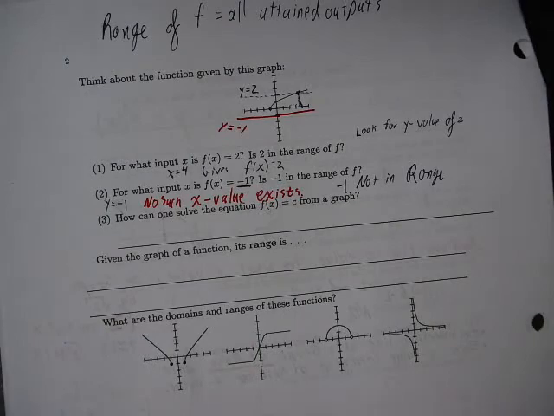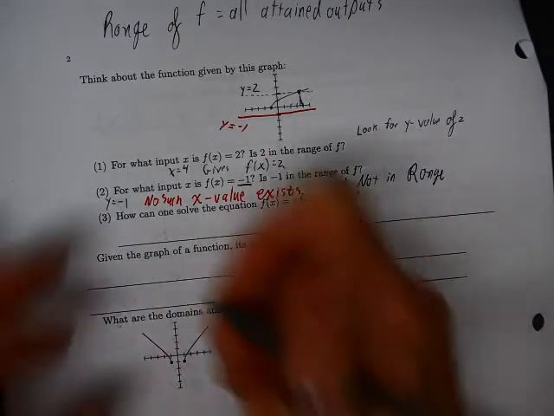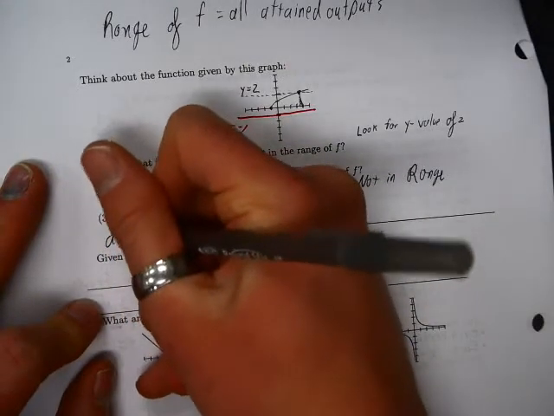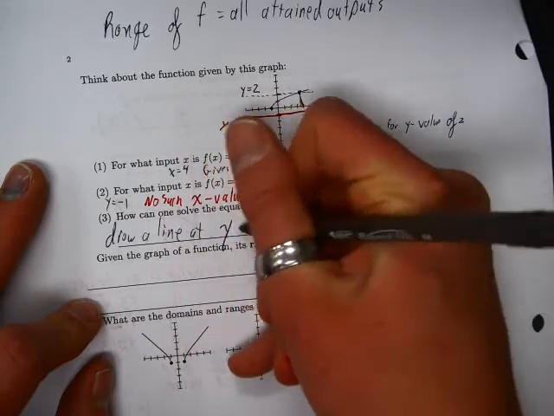So there are some takeaways here. The first is that if you want to solve the equation f of x is equal to c from a graph, what you need to do is draw a line at that y value.